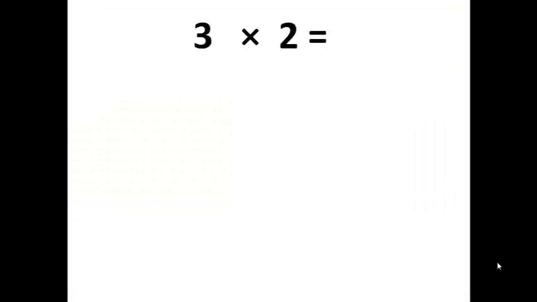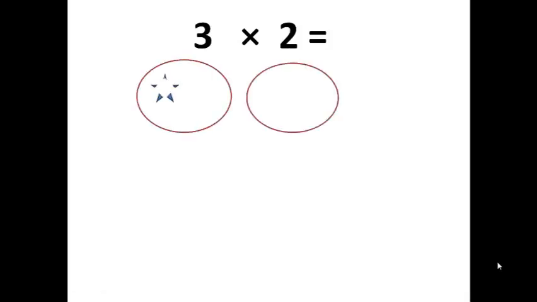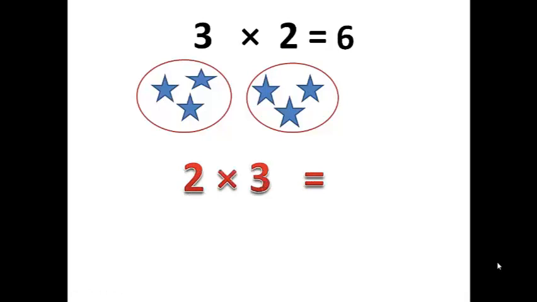Here, 3 times 2. It means I have 2 groups. In each group, how many objects? 3 stars. How many stars in all? Yes, very good. 3 and 3, how many in all? 6. You can write the multiplication sentence 3 times 2 or 2 times 3.